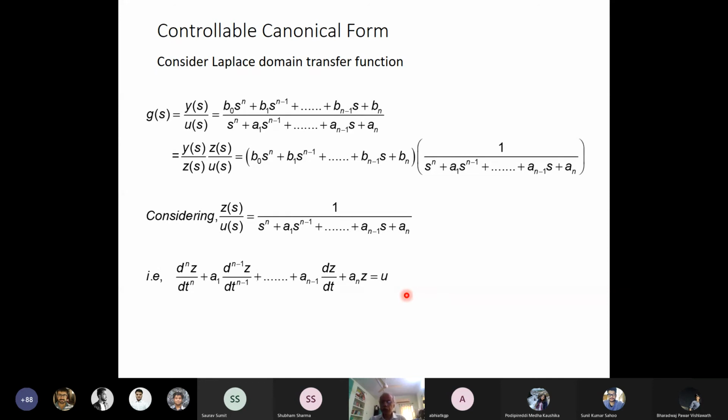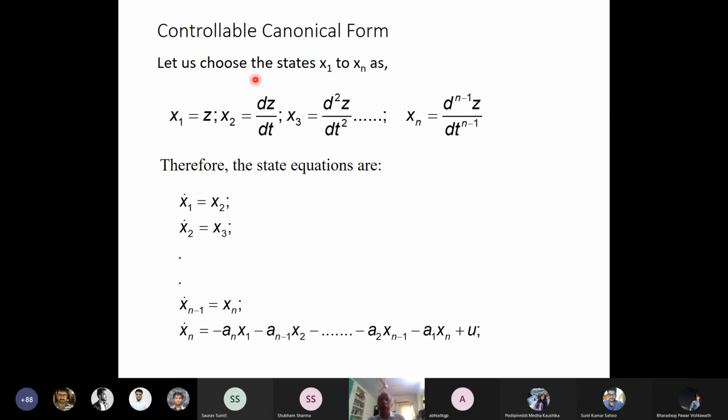Now I define states x1 to xn as x1 equals z, x2 equals dz/dt, x3 equals d2z/dt^2, and xn equals d^(n-1) z/dt^(n-1). So I define the states x1, x2, x3, up to xn in terms of z: x1 is z, the first derivative of z is x2, the second derivative of z is x3, and the (n-1)th derivative of z is xn.